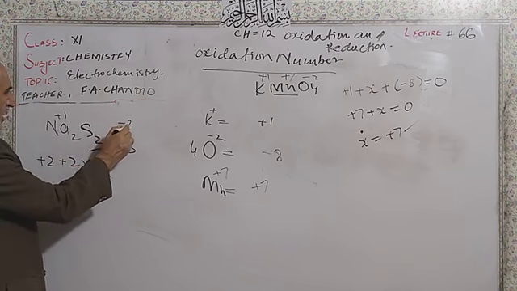Then oxygen is minus 2 multiplied by 3, minus 6, is equal to 0. So this is minus 6 and this is plus 2, so it's minus 4 plus 2x is equal to 0. So 4 is equal to 2x and x will be equal to 4 over 2, which is plus 2. That's why sulfur has the plus 2 oxidation state.